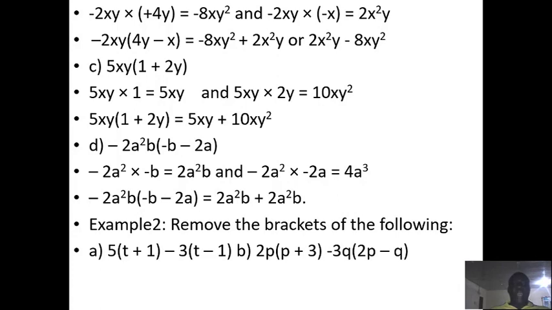So the D aspect, we have minus 2a squared b, open bracket, minus b minus 2a. So minus 2a squared b times minus b, minus times minus is plus. 2 times 1 is 2.